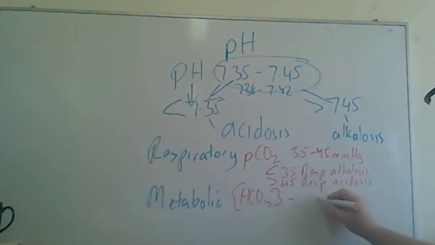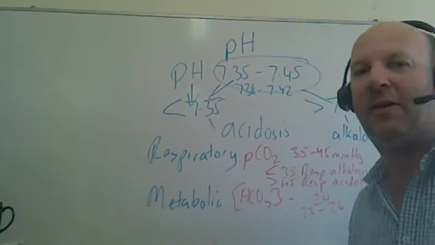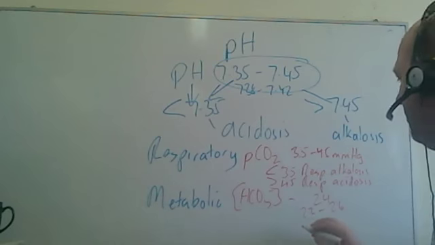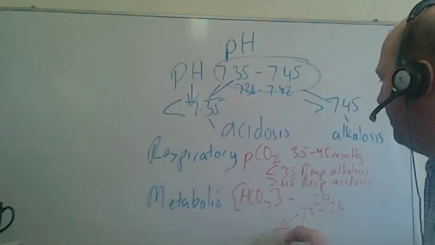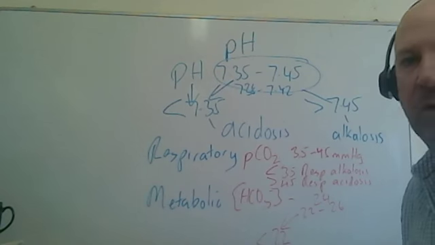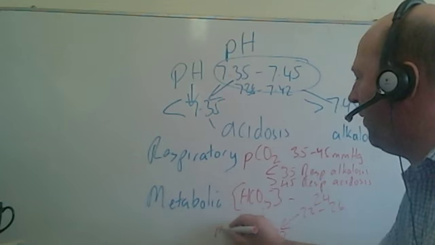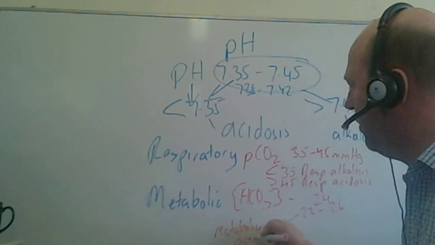Now, bicarbonate ion levels should be around 24. A lot of people work in the range of 22 to 26 being normal. Some will even say 28. It's going to change, so don't worry too much about that. But if your bicarbonate ion levels are less than 22, if they're much lower, that is going to be an indicator of metabolic acidosis.